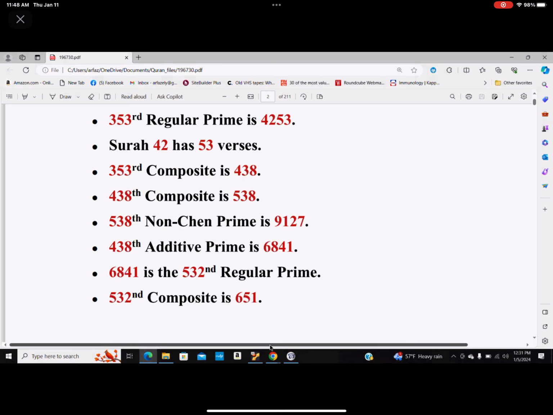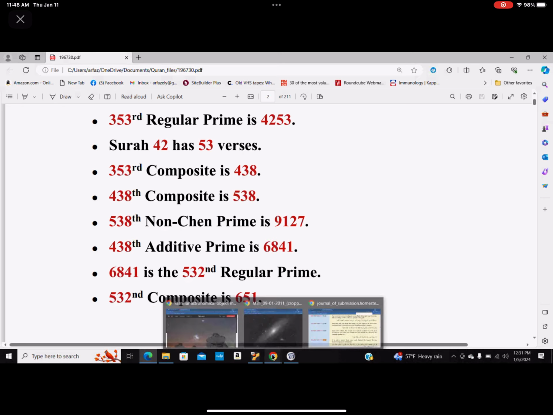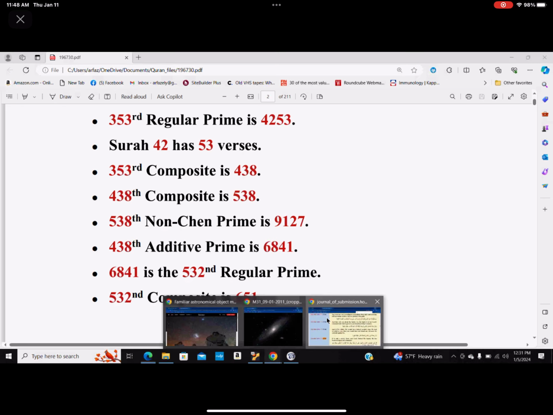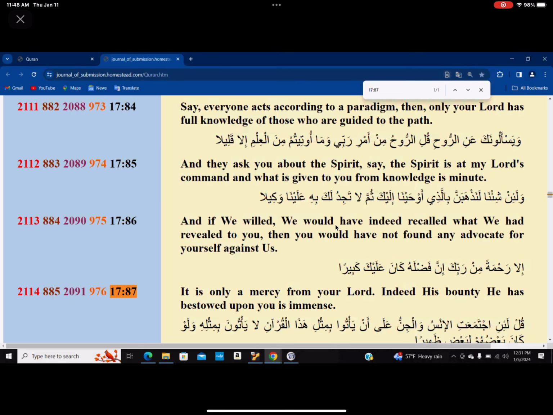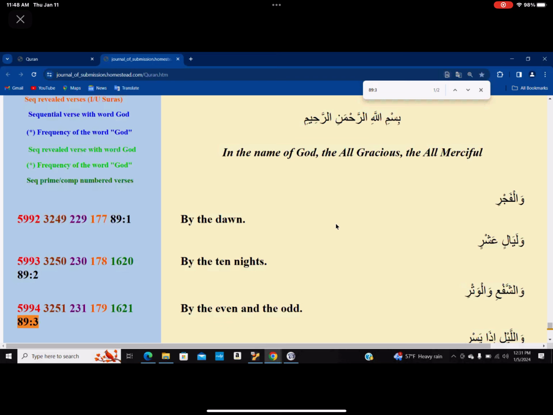And that's why if you read chapter 89, when God actually swears by the even and the odd, so it says, let's see, 89:3. There we are. I'm going to read the first 5 verses. Bismillah ar-Rahman ar-Rahim.